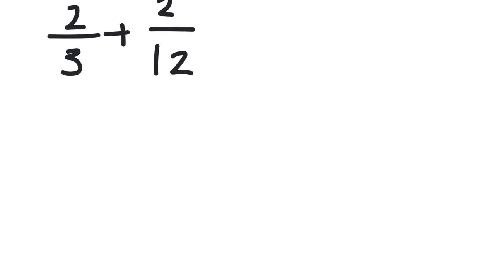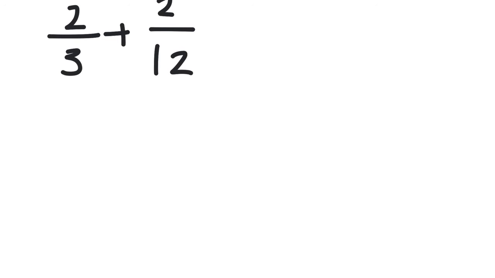Here's another addition problem. Now I have 2/3 plus 2/12. Right away I can see I am stuck because my denominators are different, so I cannot add. I must find common or same denominators before I can add.